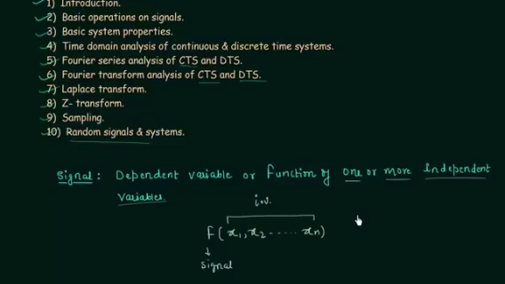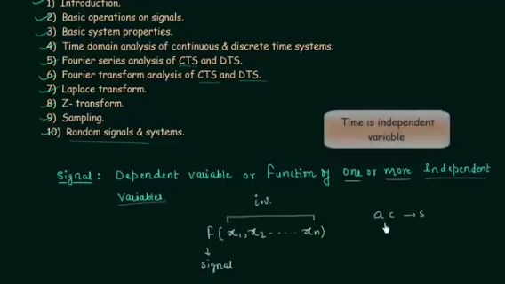Now we will talk about the difference between a signal and a DC value. Any quantity is said to be a signal if it is varying with an independent variable, and anything which is constant is not a signal. For example, the alternating current is a signal because the current is changing with change in time. The current is alternating with change in time in case of alternating current, so it is a signal.